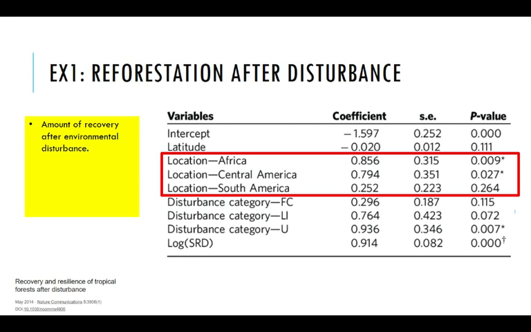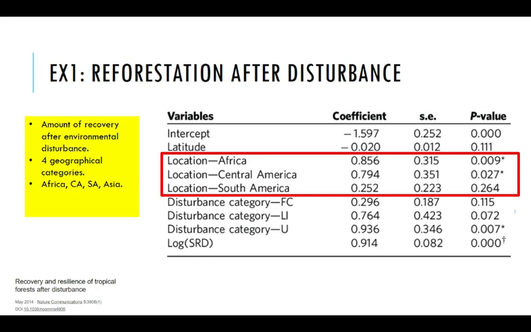We're looking at different parts of the world and how well they reforested after some kind of environmental disturbance. As you see in my yellow box, we're collecting data on the amount of recovery after some kind of environmental disturbance. Now, as you see, there are 4 geographical categories. We have Africa, Central America, South America, and then an omitted category.